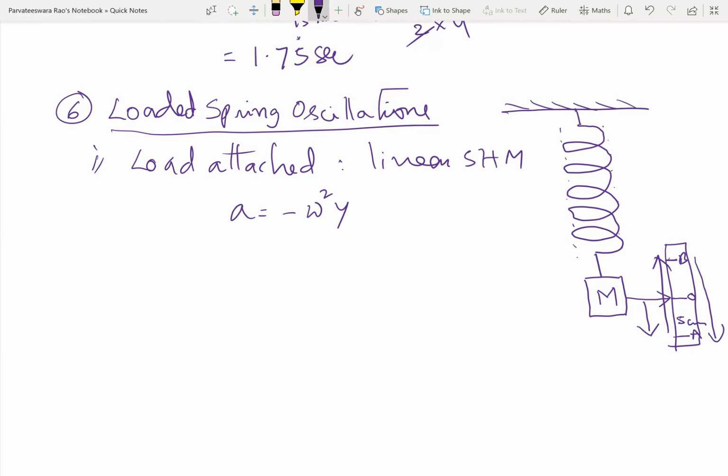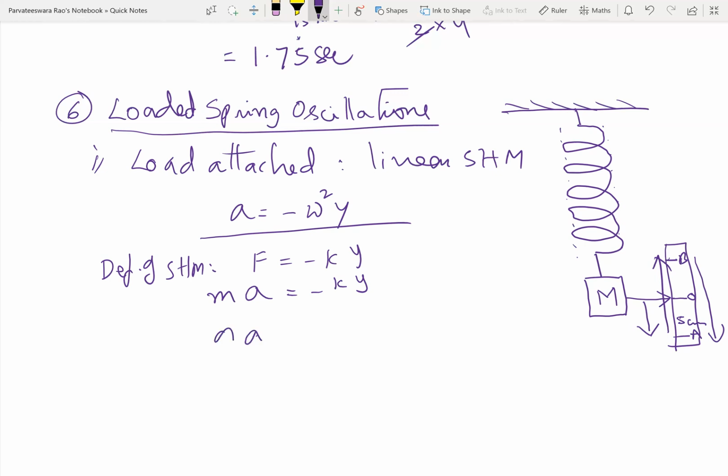So here we got the definition of simple harmonic motion. F is equal to minus ky, where k is the spring constant. F is equal to ma, that is minus ky.